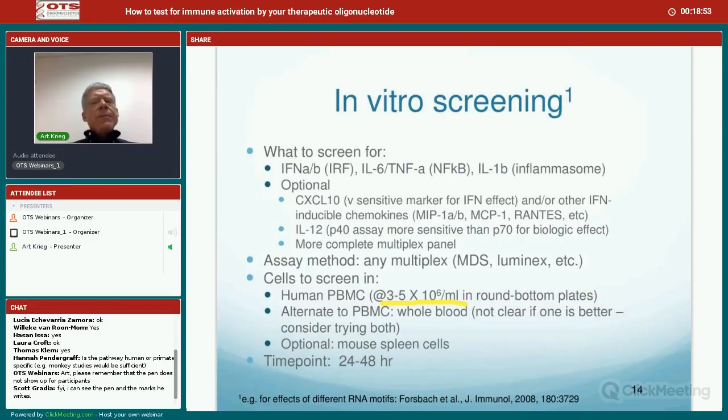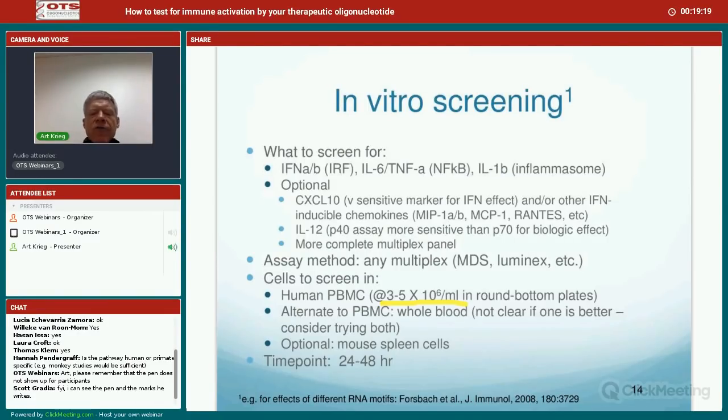In terms of the timing of the cytokine induction in vitro, typically secretion starts within a few hours. We usually let the cultures go for 48 hours to just get the most sensitive detection, and we find that it seems to be a little more reproducible with 24 to 48 hours of culture. But your mileage may vary.